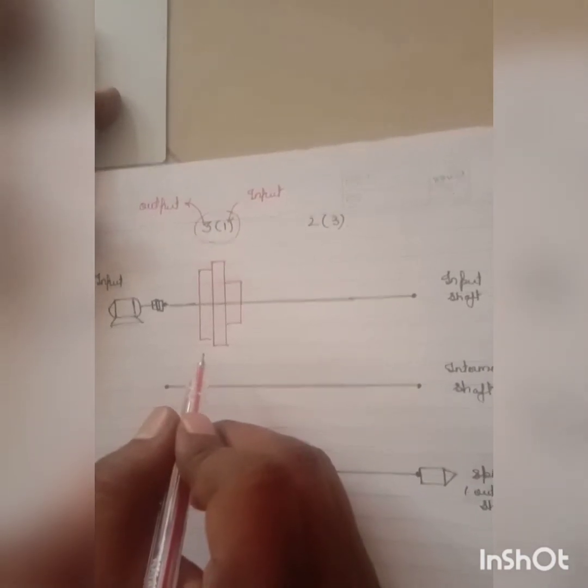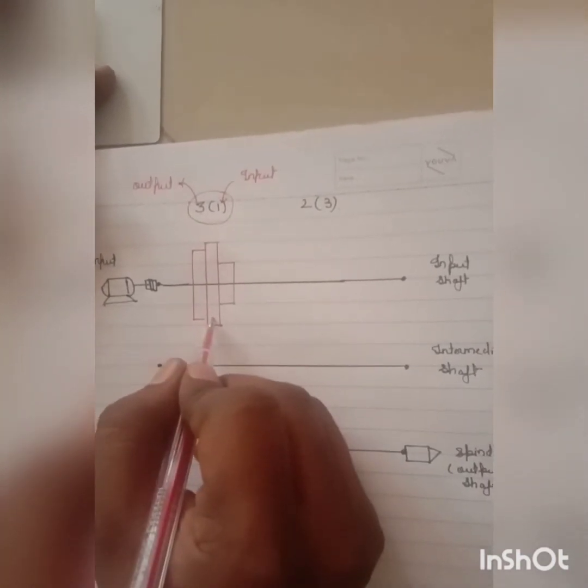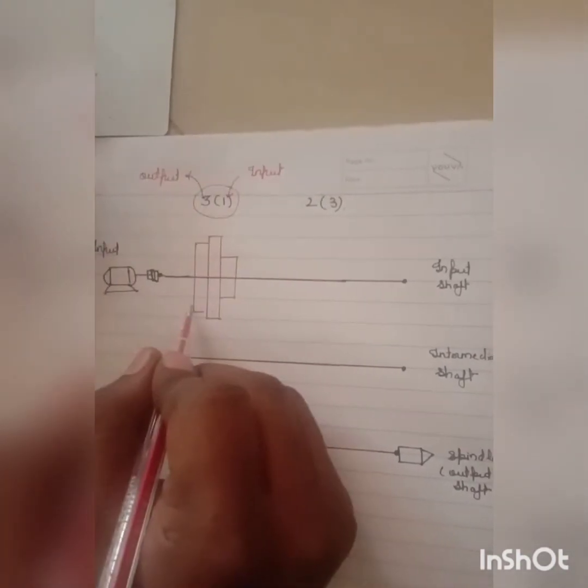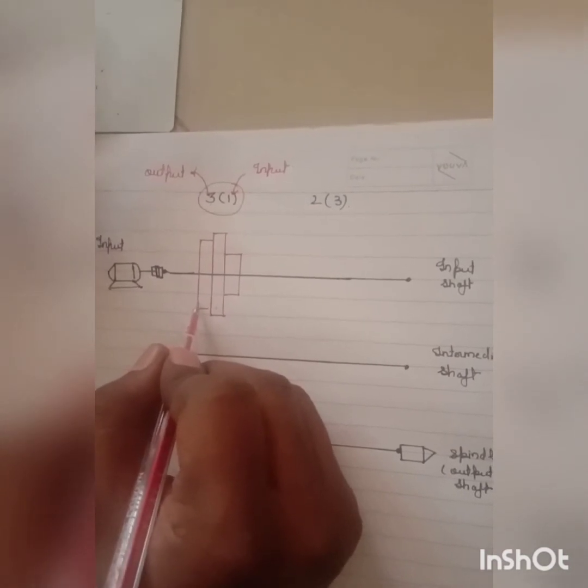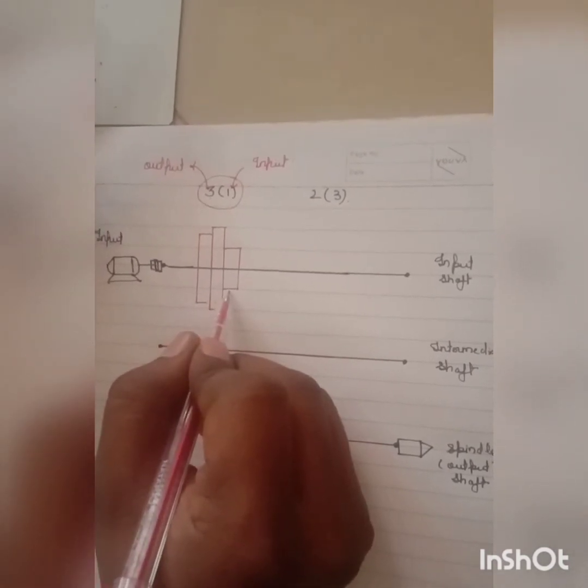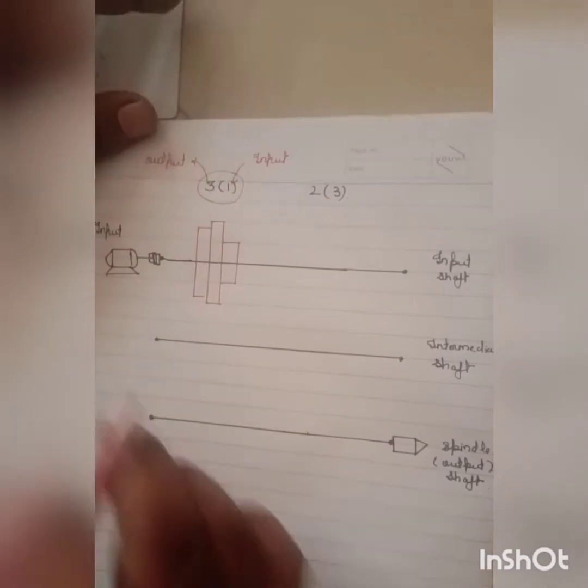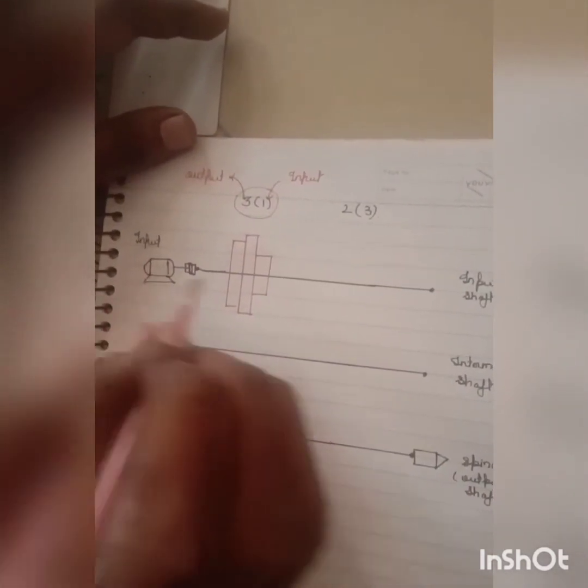Now you can see how I have drawn 3 gears. In the middle I have drawn the bigger gear, to the left a little smaller, and to the right the smallest gear. So it satisfies that when we give one input through the motor, we get 3 outputs on the input shaft.